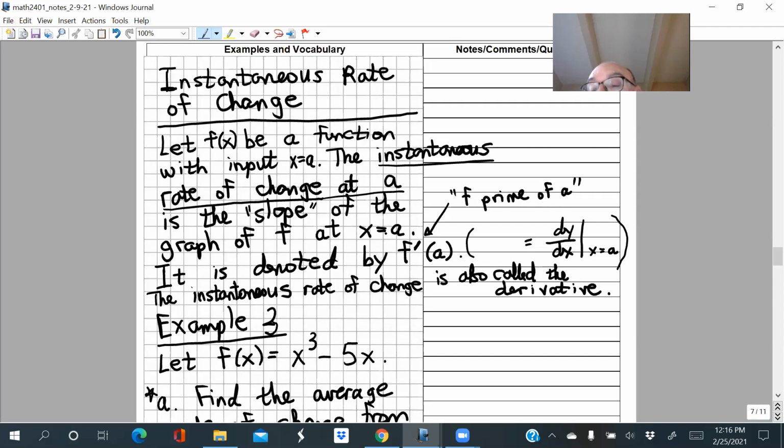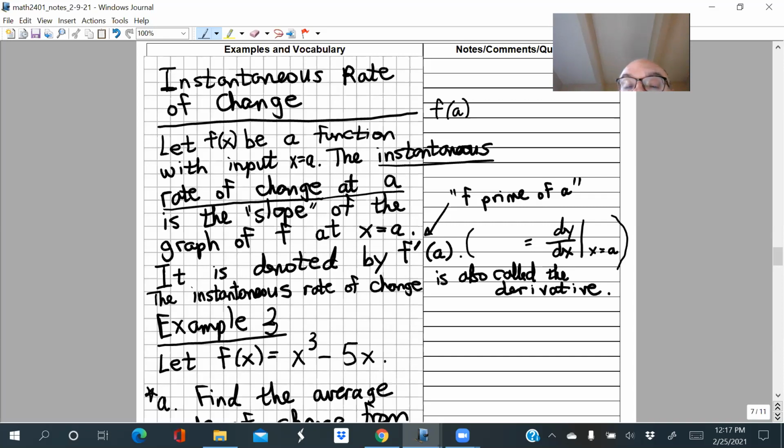Now, here's a piece of notation that's really important, so pay close attention here. We're going to use a notation for instantaneous rate of change, and in fact, we're going to use function notation for it. Remember, if you have a function f and some input, f of a just means the output at the input a. So that's the y value that matches x equals a.